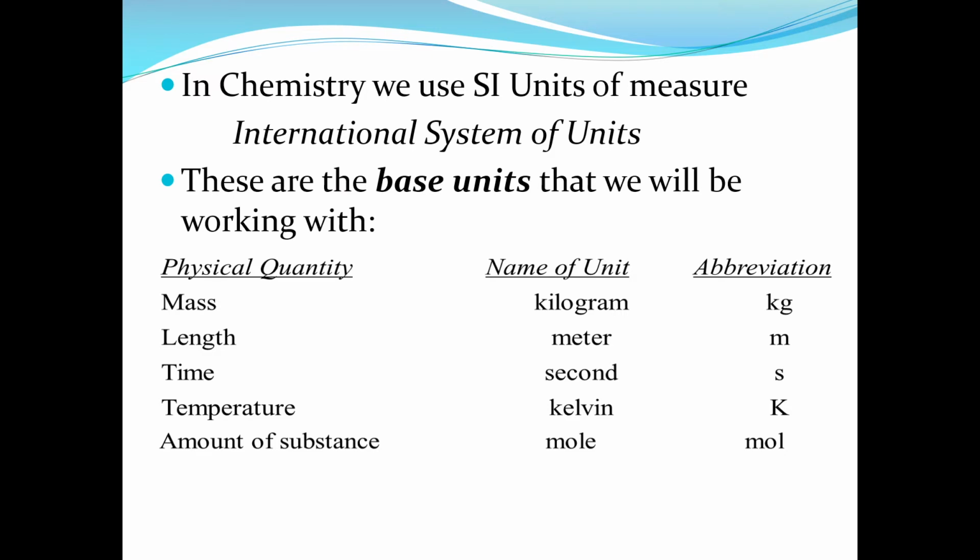These are the base units that we will be working with. Length is going to be meters. Time is going to be seconds. Temperature will be in Kelvin. Amount of substance is going to be mole. So instead, we might use centimeters also, and milliliters versus liters.